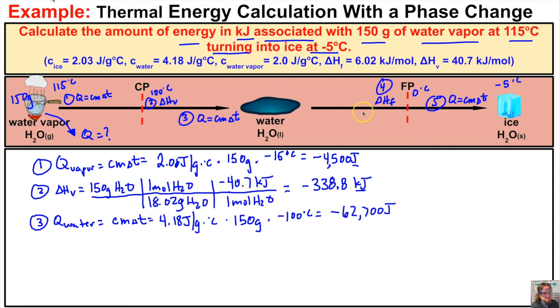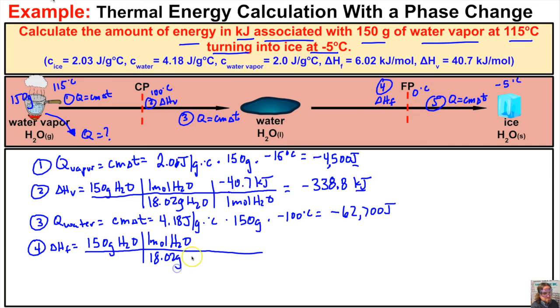Now we have to figure out the heat of fusion, so let's do that. To get our heat of fusion here, we have to take the mass first and convert it to moles. So we have 150 grams of water. We know 1 mole of H2O is 18.02 grams of H2O.